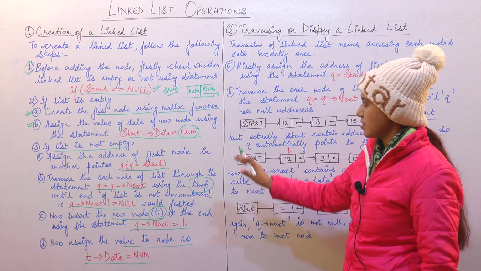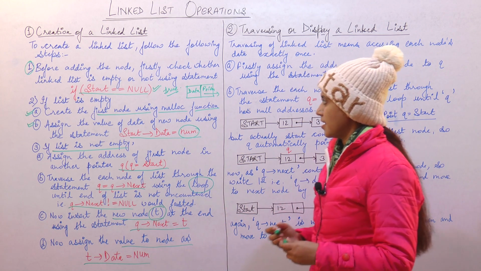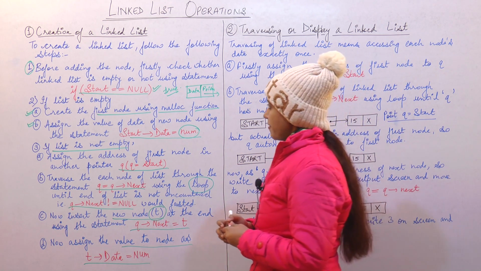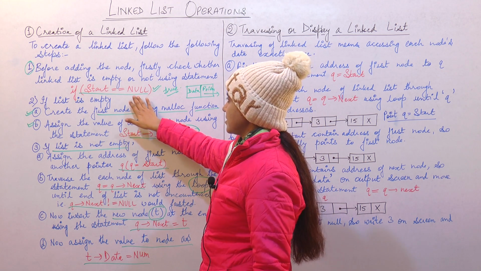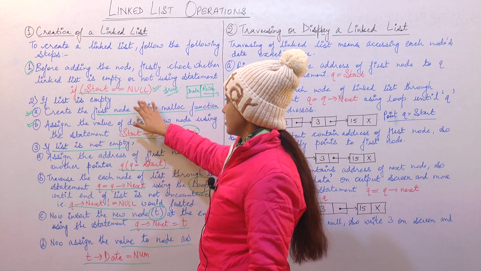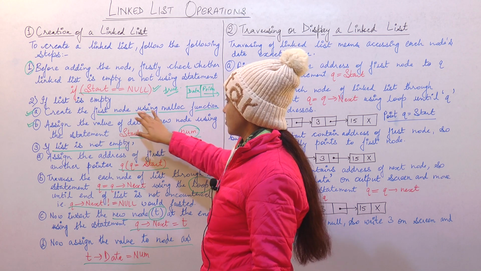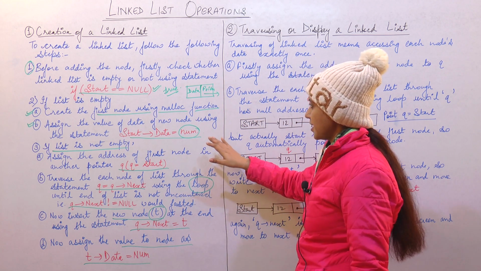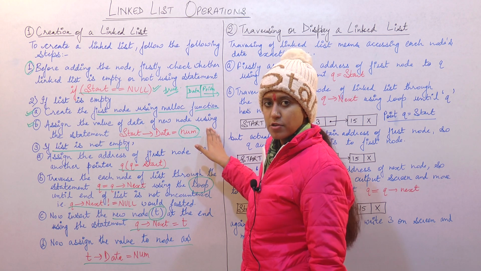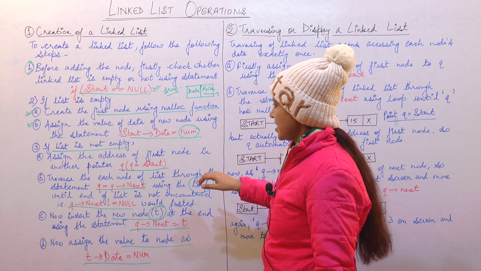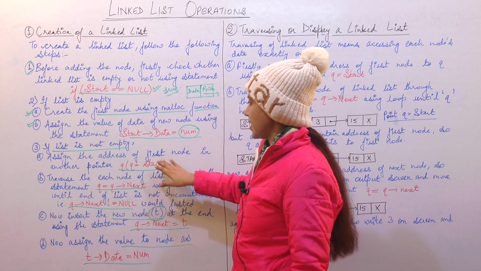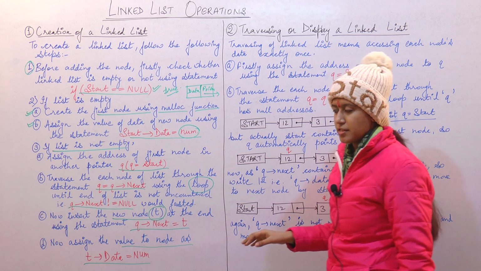So in this way, we can create a linked list by first checking whether our linked list is empty or not. If it is empty, we create the first node using the malloc function, and then assign the value of data to that newly created node. But if the list is not empty, we assign the address of the first node to another pointer.